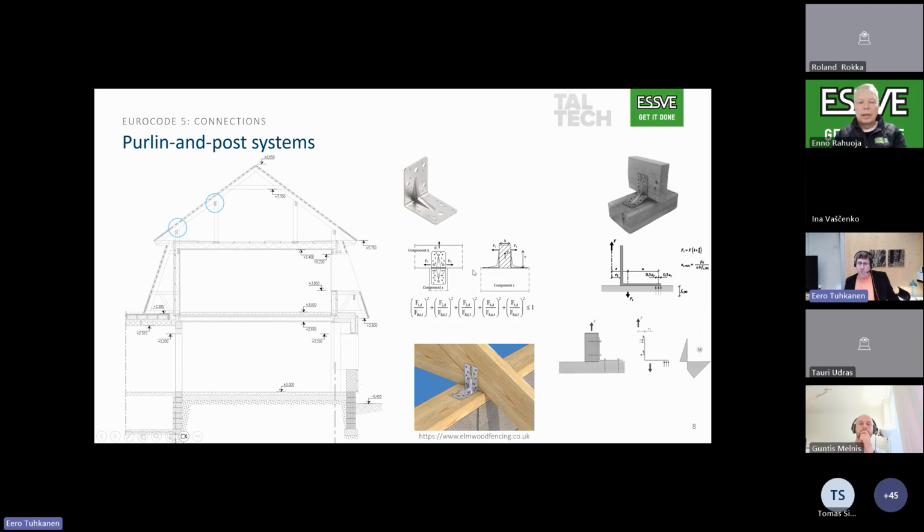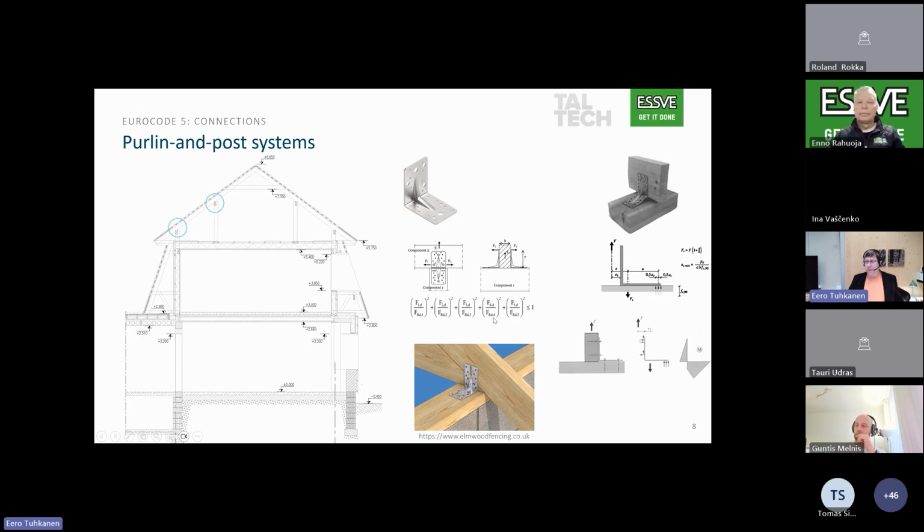In the new Eurocode, there is a given note about the angle brackets, but not specific calculation methods. The specific calculation methods you can find in the angle bracket documentation or ETAs. And the angle bracket can take forces in different directions. When you have a combined loading there, you have to summarize all of them, the loads and the resistance.